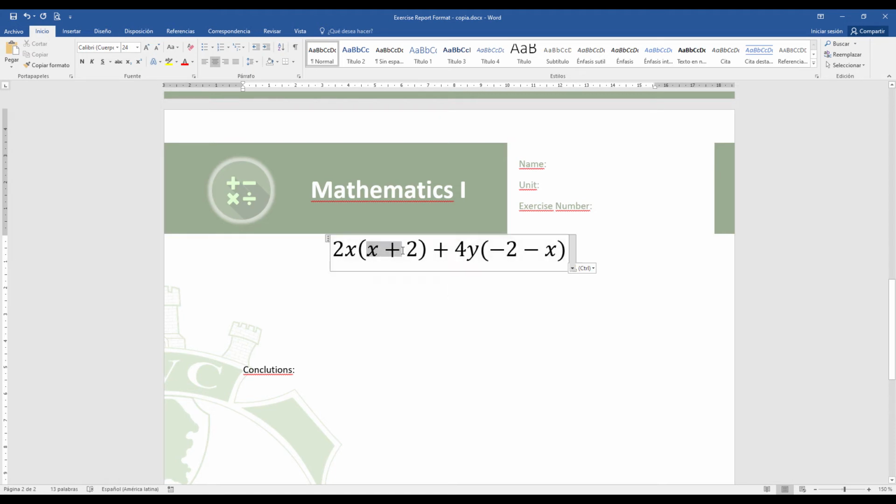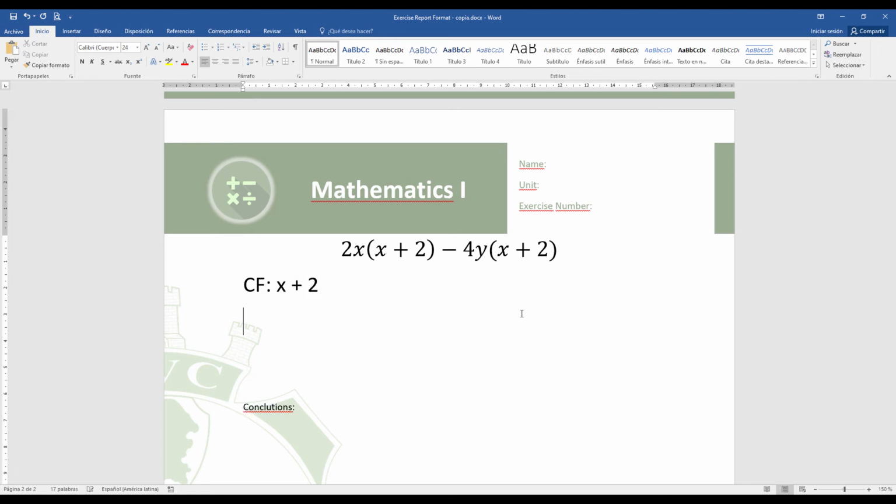For example, this is x plus 2, so if I change here, only the sign is different. You factorize here the sign, you need to divide by minus 1 and you will change that and you got that. Okay, so again you have here a common factor, a new common factor that is x plus 2.